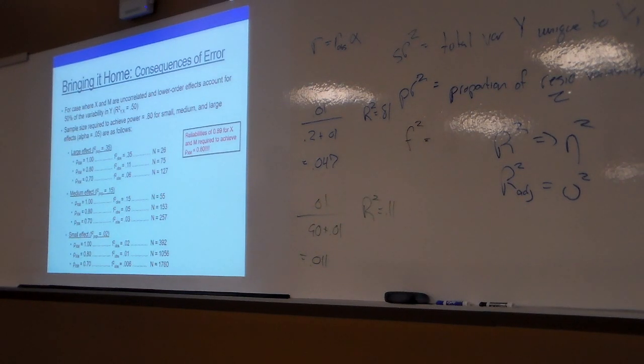The reliability of my interaction, with two measures that have good reliability, when I multiply them together, gets really bad. And so now what I've done is attenuate the effect size that I'm looking for. It ends up being terrible, right?